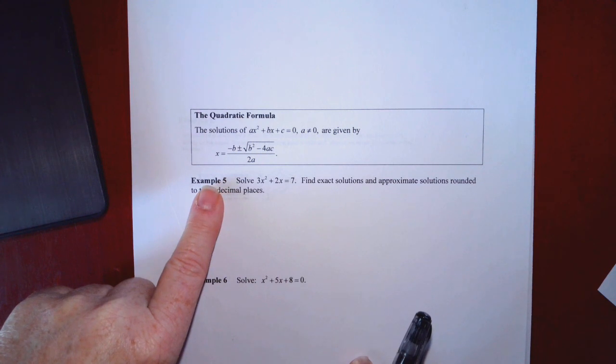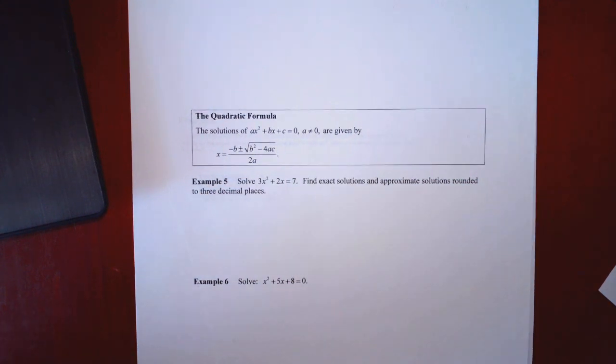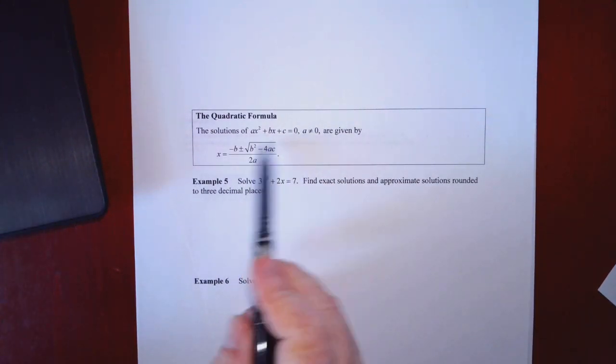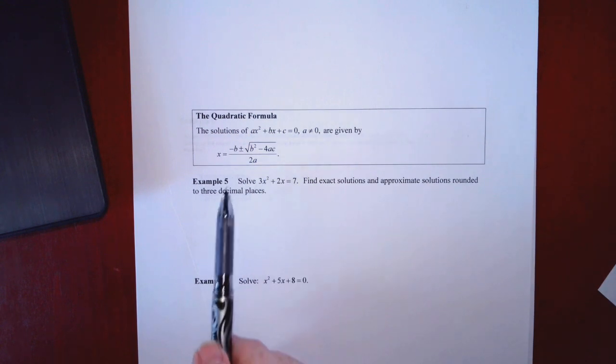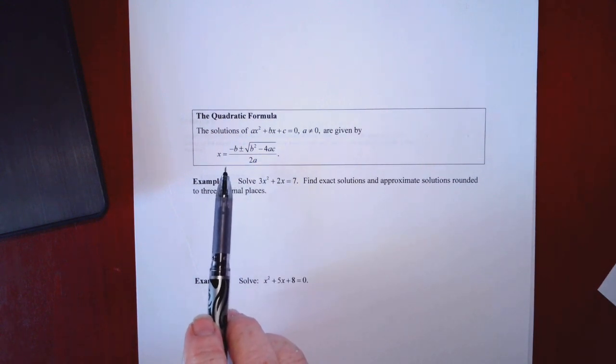Have you heard of the quadratic formula before, at least? Excellent. Where does that come from? It comes from completing the square on this equation, but it's usually a lot more user-friendly to use, right?